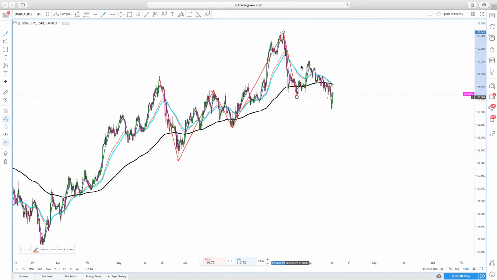Right? As I'm seeing these moves, each move is a measured movement.